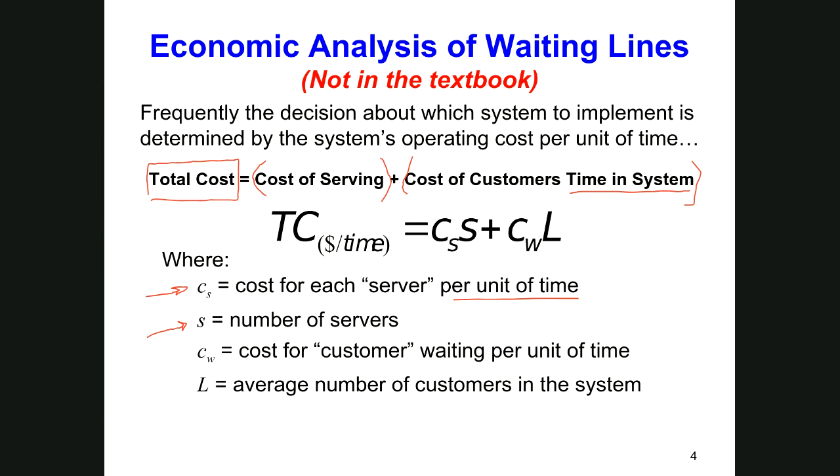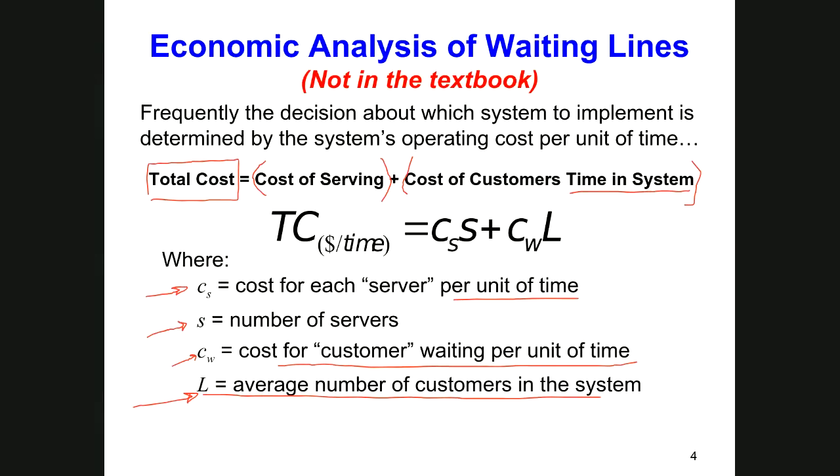C sub W is the cost for a customer waiting. A little bit hard to analyze, but customers have a waiting cost. Think about the time that you're in the doctor's office waiting to see the doctor, what you could be doing, and how valuable your time is.